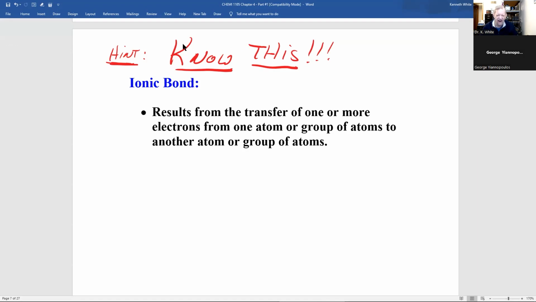An ionic bond results from the transfer of one or more electrons from one atom or a group of atoms to another atom or a group of atoms. And this is an ionic bond.